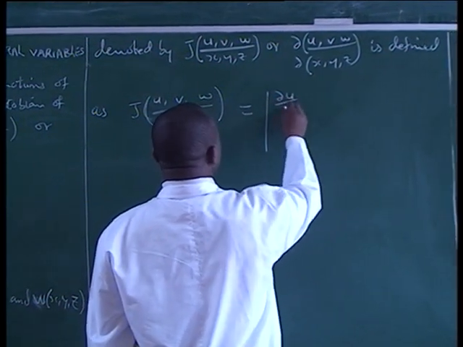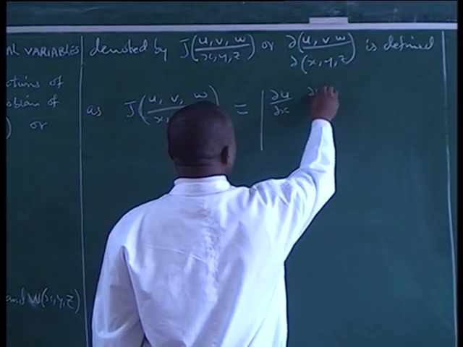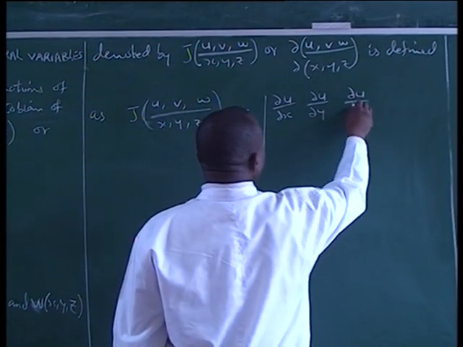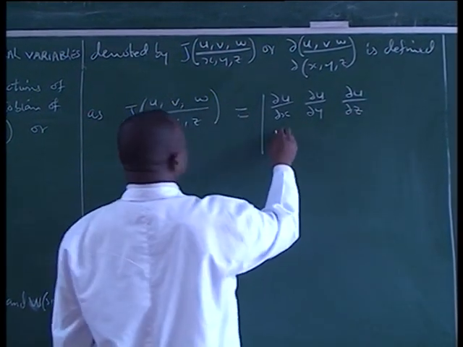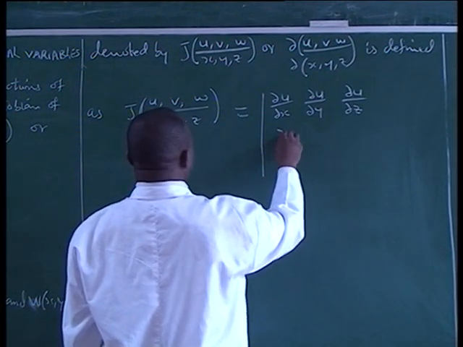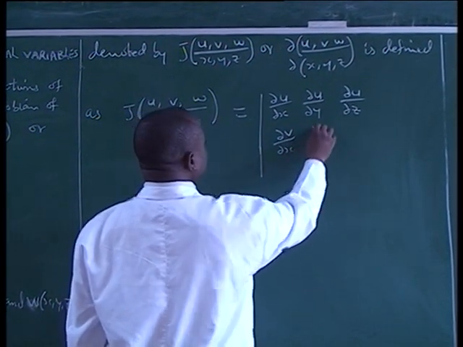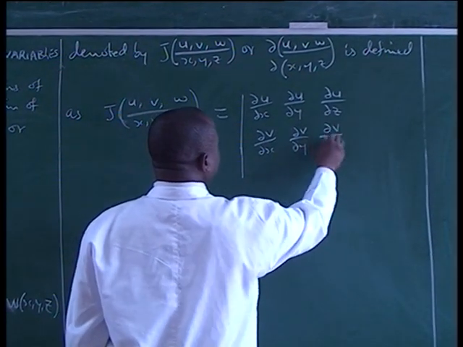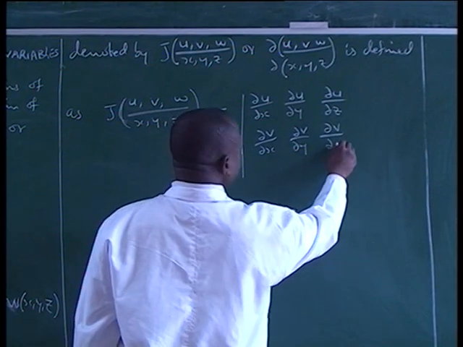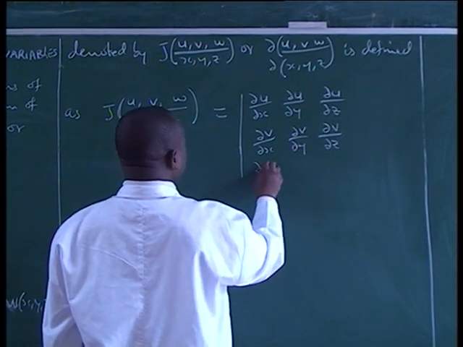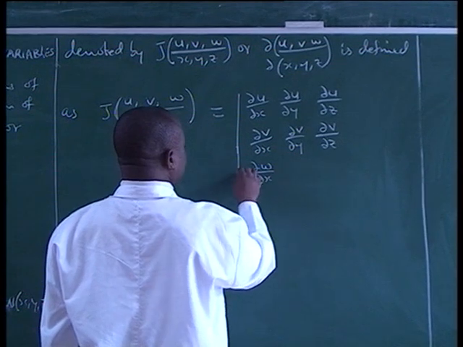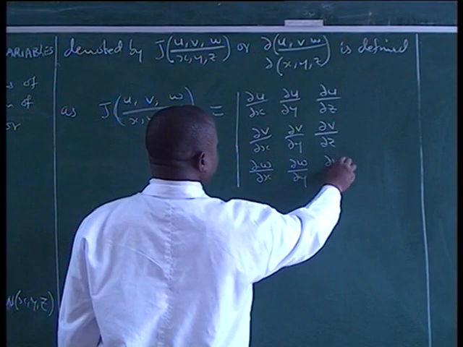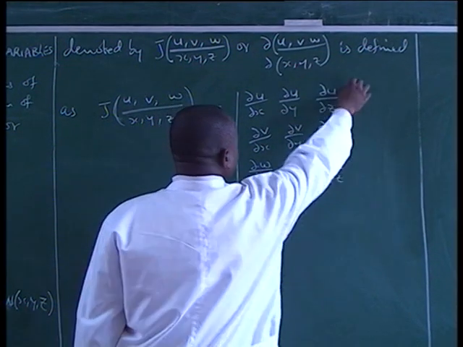partial u partial x, partial u partial y, partial u partial z. Then we also have partial v partial x, partial v partial y, partial v partial z, partial w partial x, partial w partial y, partial w partial z.